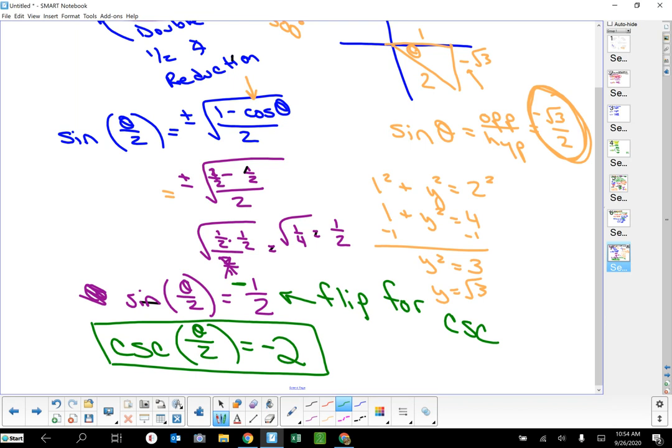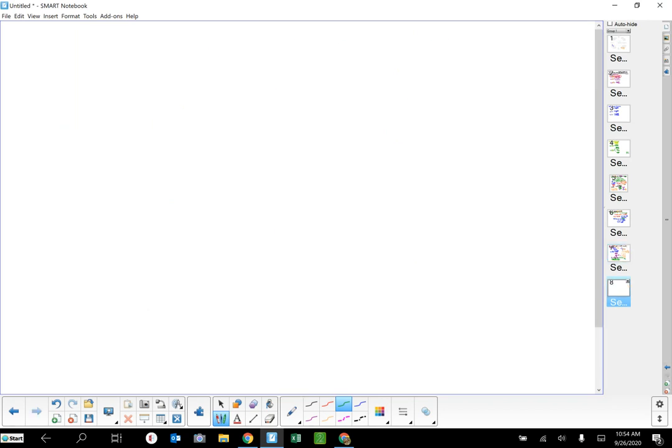A couple more examples to make sure we can successfully do all of our variety. All right, next one, new page. Example: if sine of A equals negative 3/5, and A is in quadrant 4.